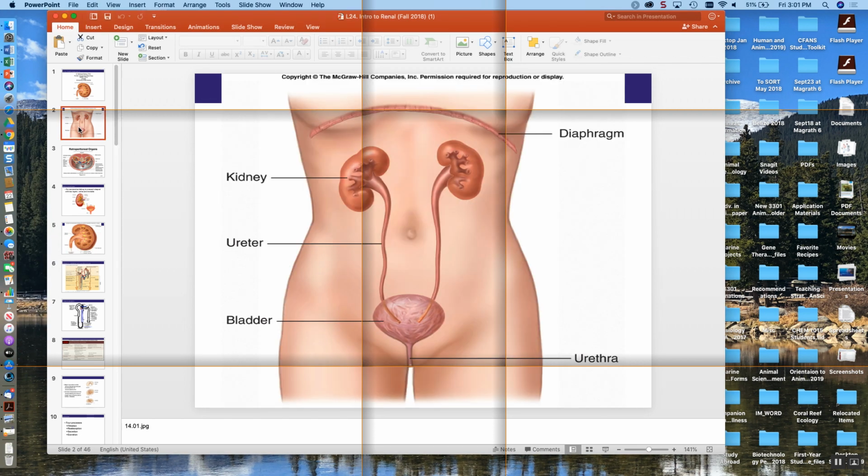So the first thing, as we've talked about before, is just knowing the general anatomy. I do know that students get ureters and urethra mixed up all the time, so just make sure that you're clear about those terms. The kidneys are those bean-shaped organs that are more towards your dorsal side, towards your back.